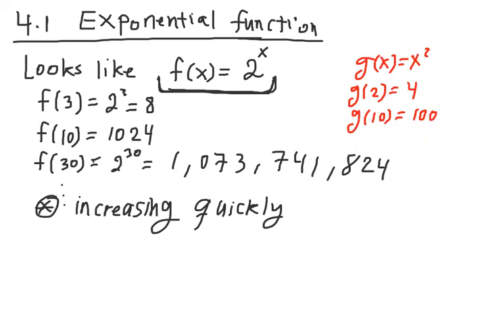But look here, f of 10 is 1024, which is a large number, but g of 10 is 100. That means the polynomial function is not increasing quickly. So this is like an introduction for this section.